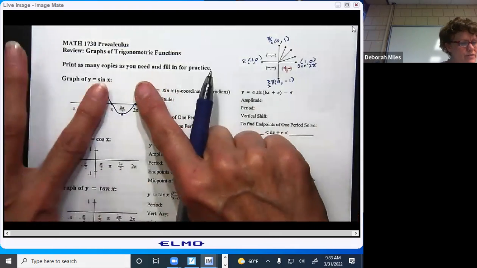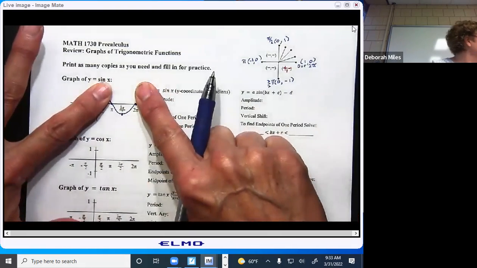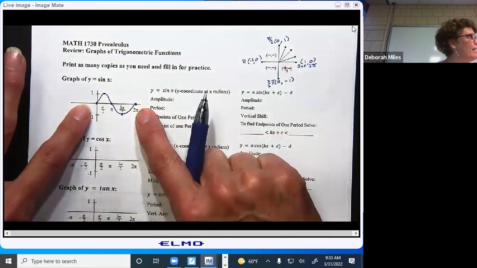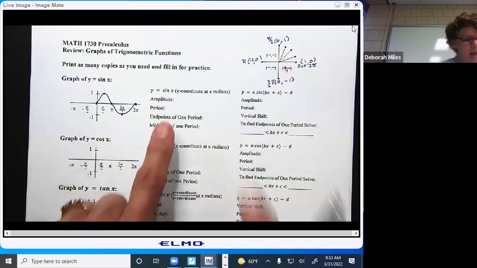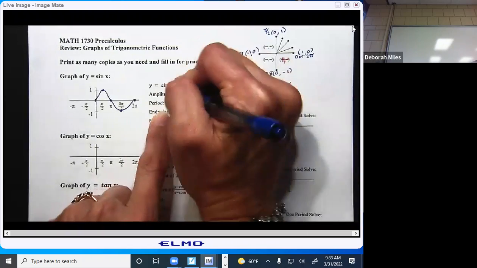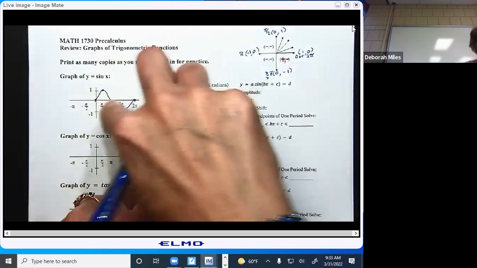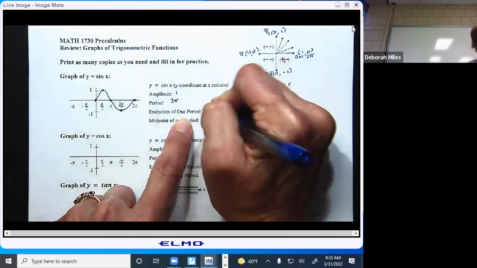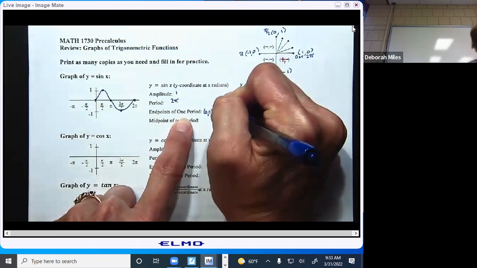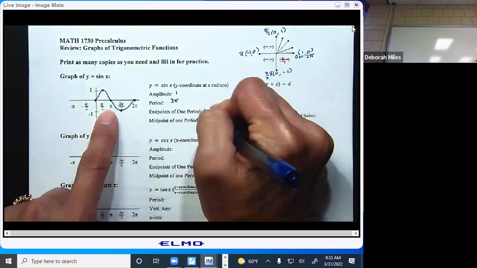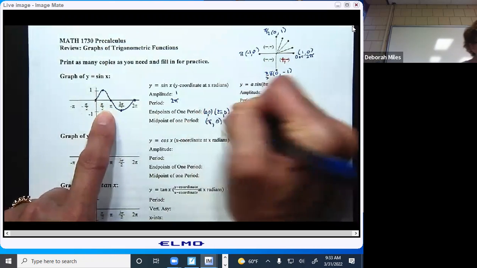If you just chose this little part of sine, it would look like cosine. But if we look at them just 0 to 2 pi, they are different. The amplitude of sine is 1, the period is 2 pi. The endpoints of the period that I used are (0, 0) and (2 pi, 0). The midpoint of one period, the period that I chose, is at pi.